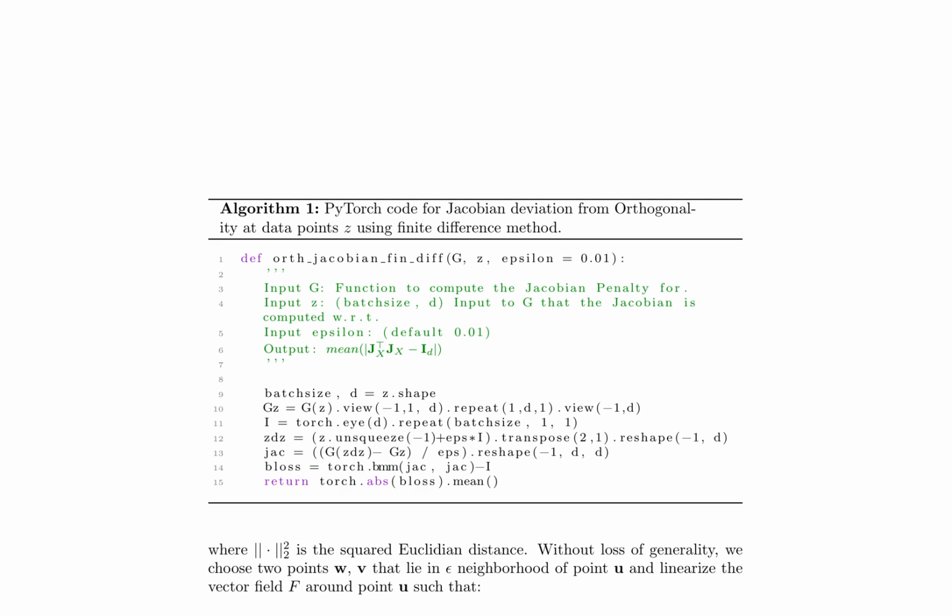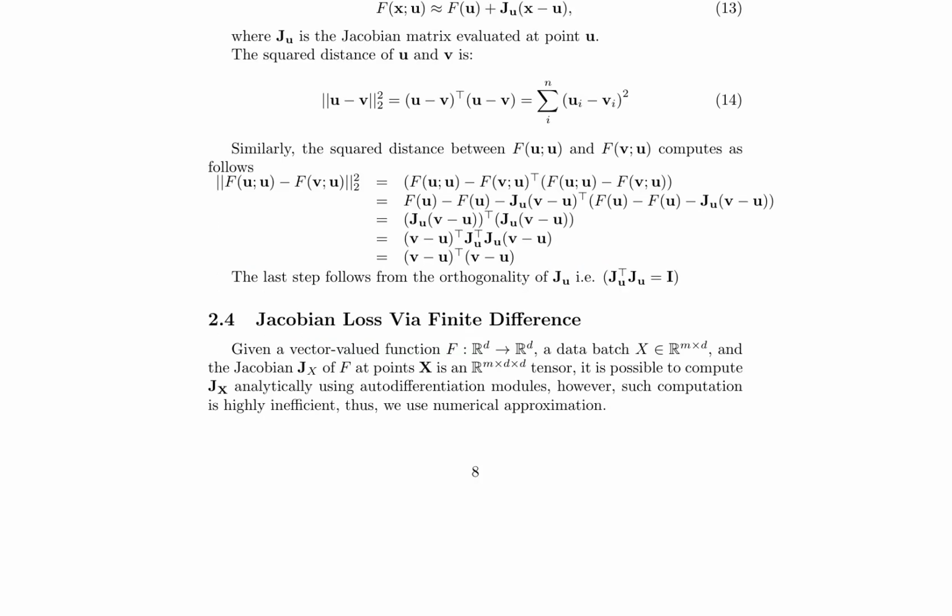method. The squared Euclidean distance between two points, u and v, is given by ||u - v|| squared, and the squared distance between the transformed points, f(u) and f(v), is ||f(u) - f(v)|| squared, which equals (v - u) transpose J transpose J (v - u).